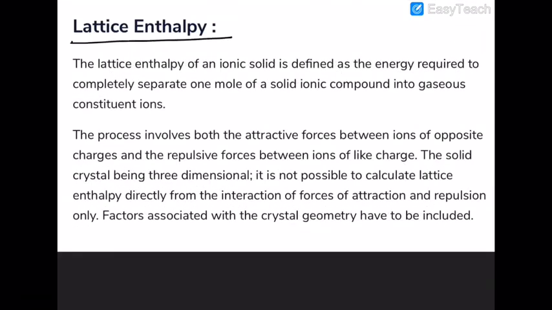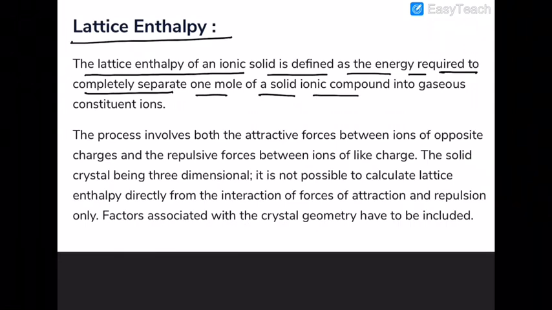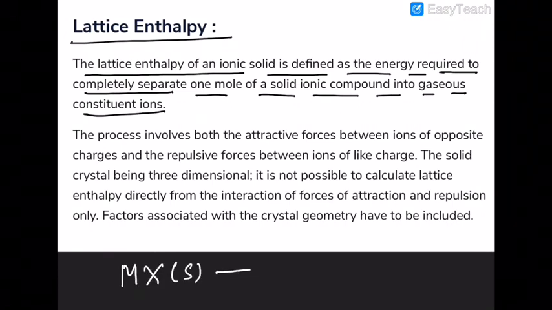What is lattice enthalpy? The lattice enthalpy of an ionic compound is defined as the energy required to completely separate 1 mole of a solid ionic compound into its gaseous constituent ions. What do you mean by that? Suppose we have a substance in the solid state. The amount of heat required to break this lattice and transform M into gaseous M plus cation and X into gaseous anion.